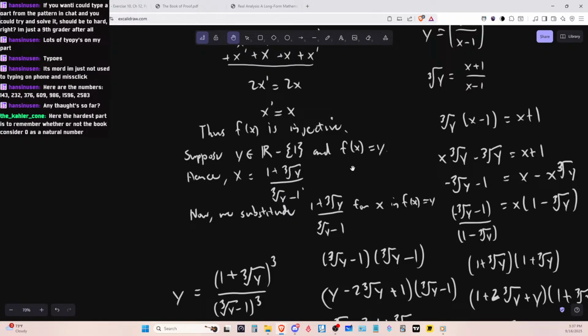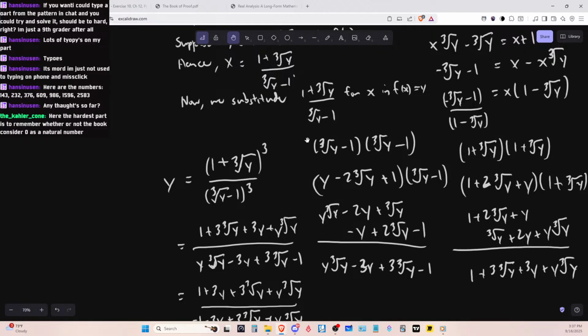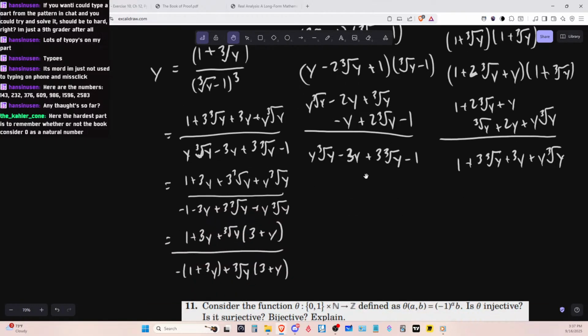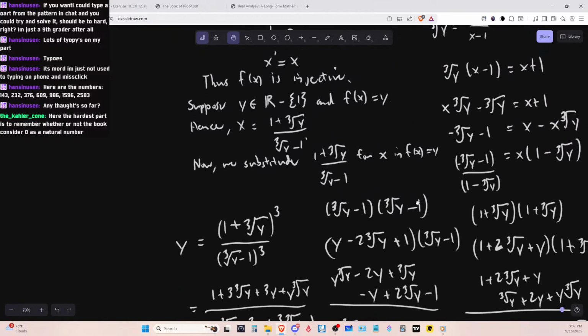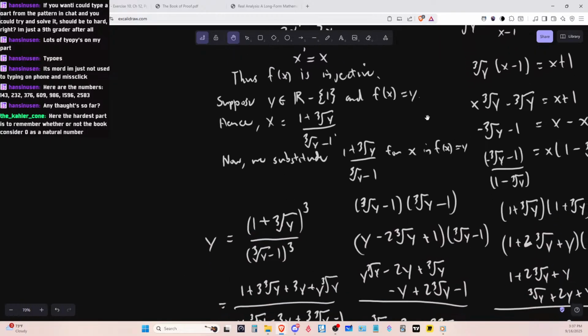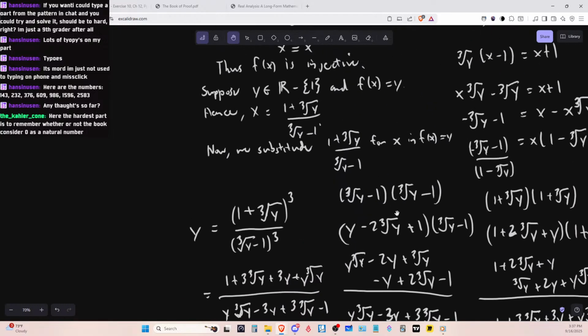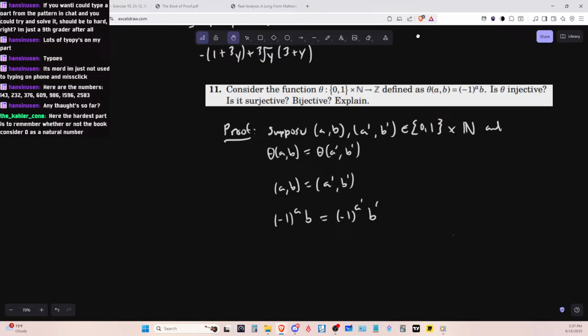I thought you had to show that if you substitute this for x, you should get y. But according to the answer, you don't have to do that. I thought you had to do that every time you try to prove it's surjective.